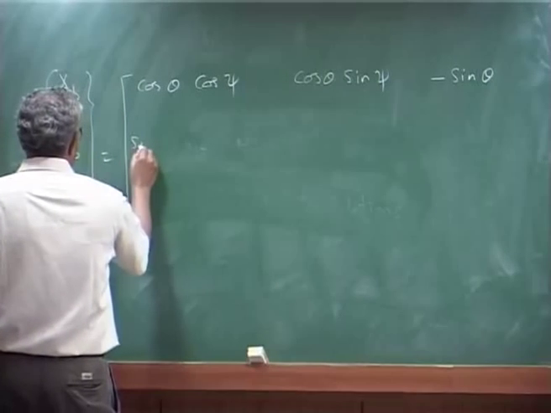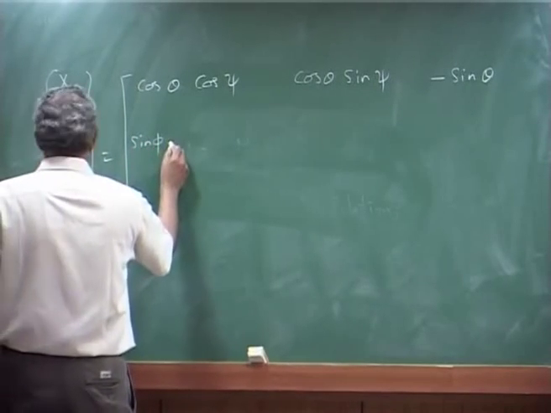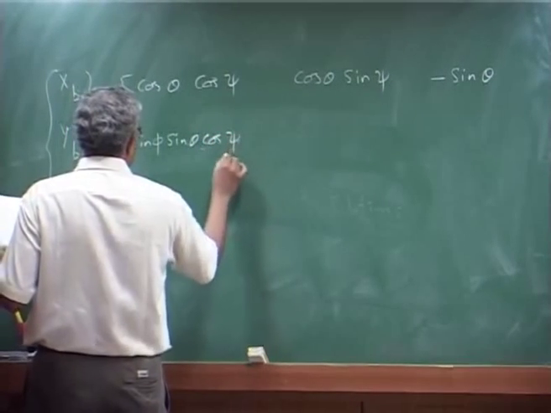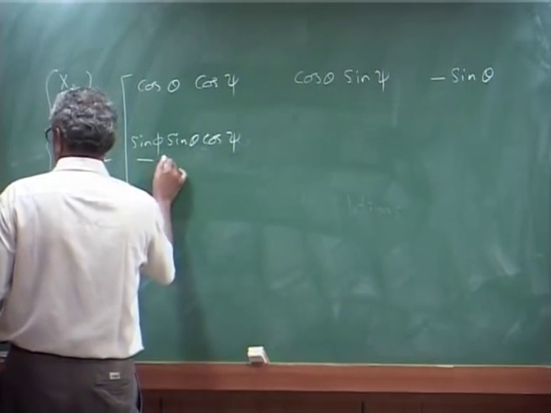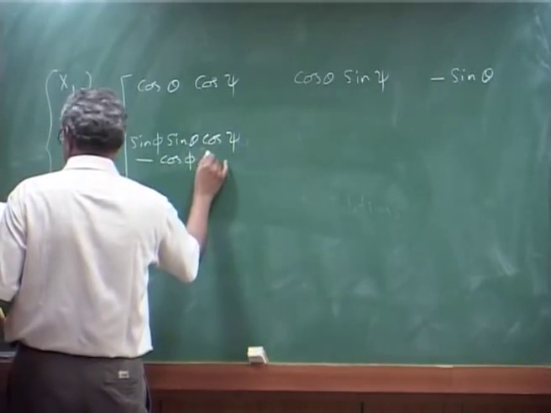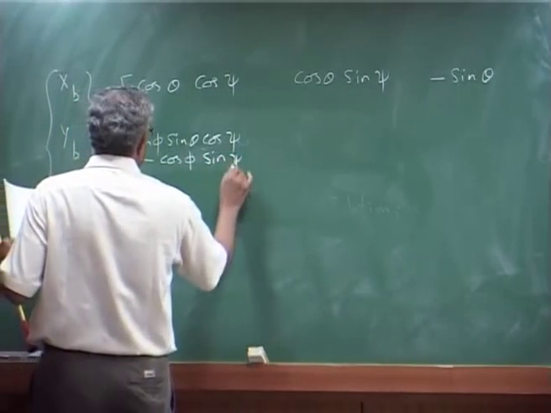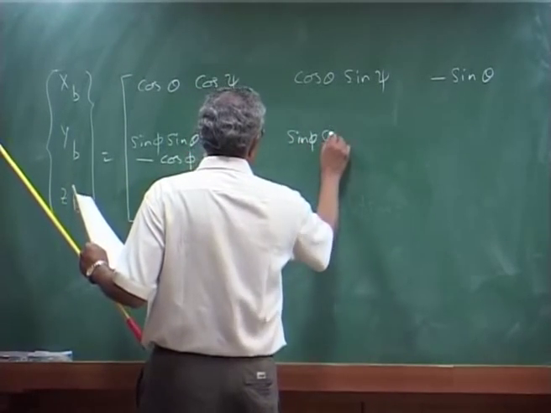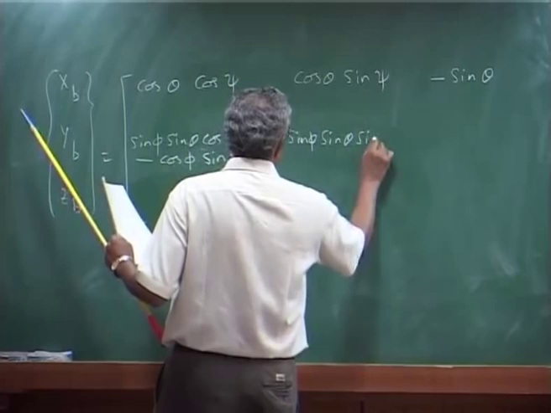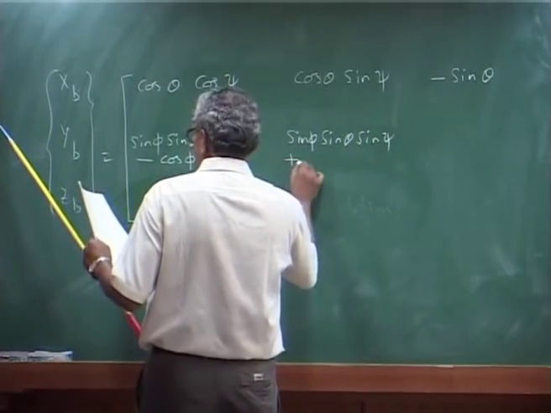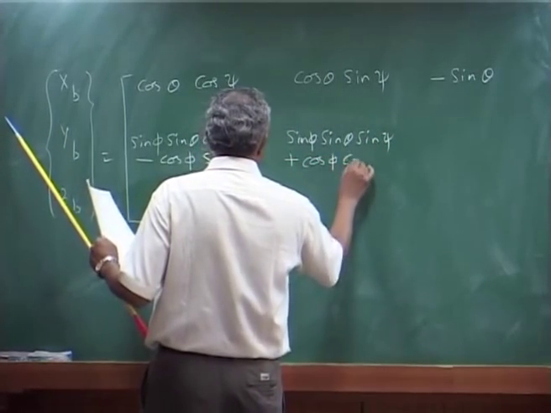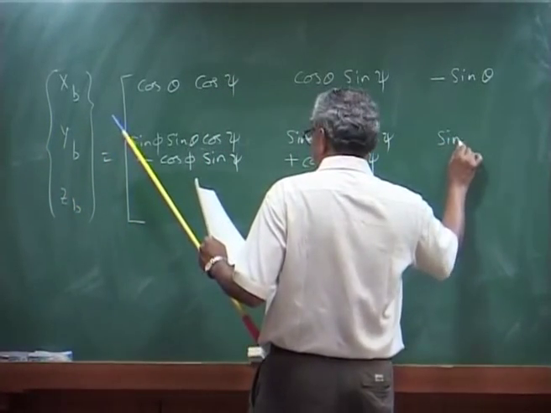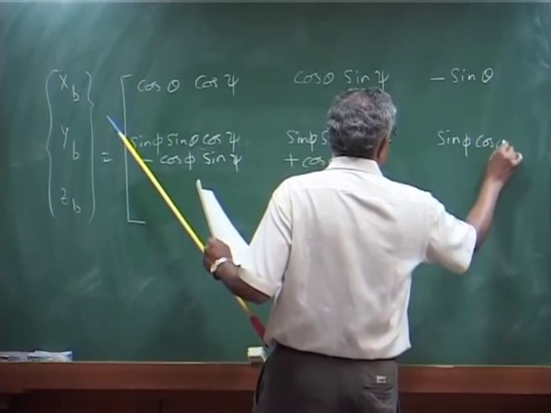The second row is sine phi sine theta cosine psi minus cosine phi sine psi, sine phi sine theta sine psi plus cosine phi cosine psi, and sine phi cosine theta.